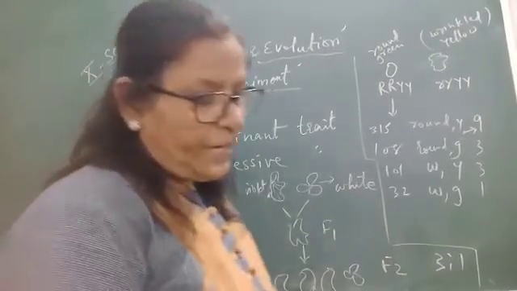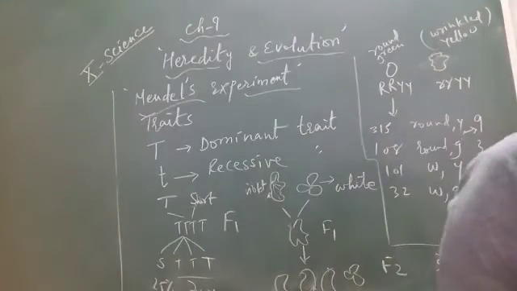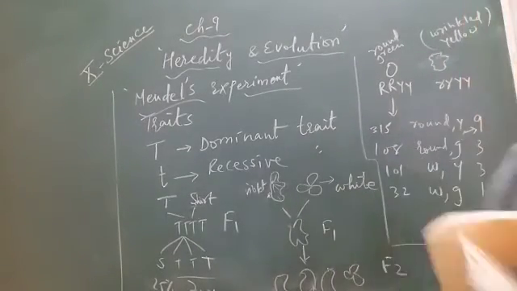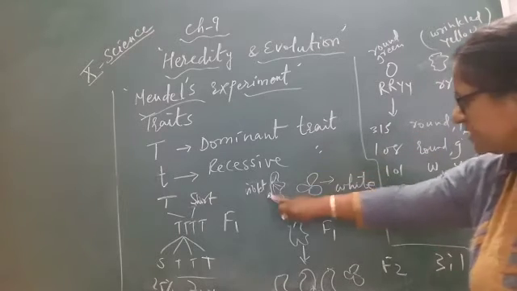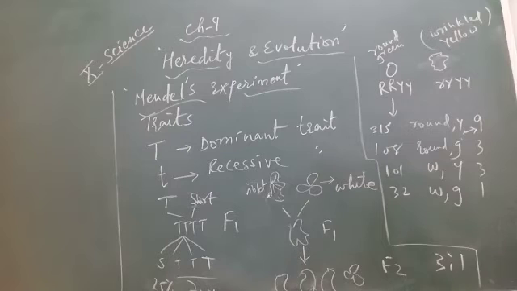Now the second experiment was performed by Mendel. He took one violet and one white colored flower, like this. This is the violet color flower, this is the white color flower, and cross pollination was done between these two. Now what do the progeny look like?